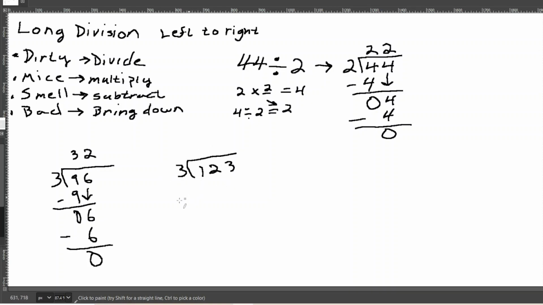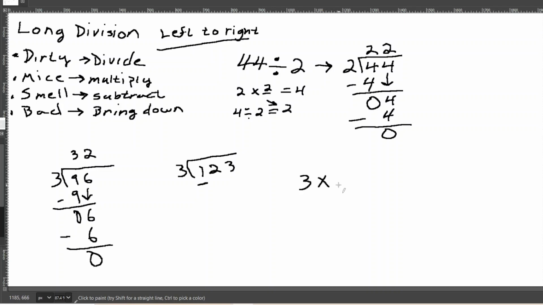So here's what I wanted to show you, right? So we still have to go left to right. But what happens when 3 doesn't divide by 1, right? What if I can't fit it in, right? What if it doesn't work out?